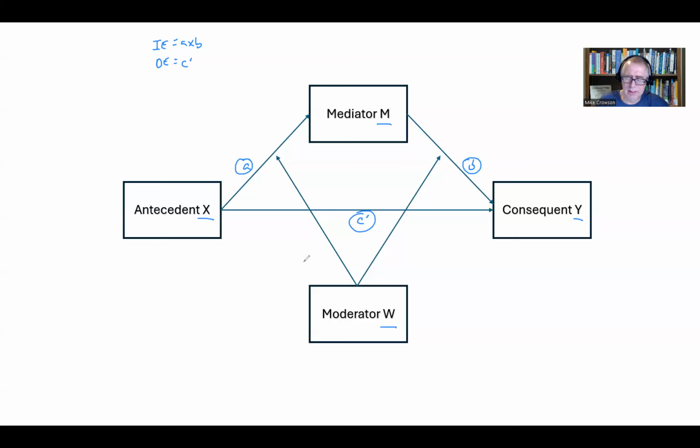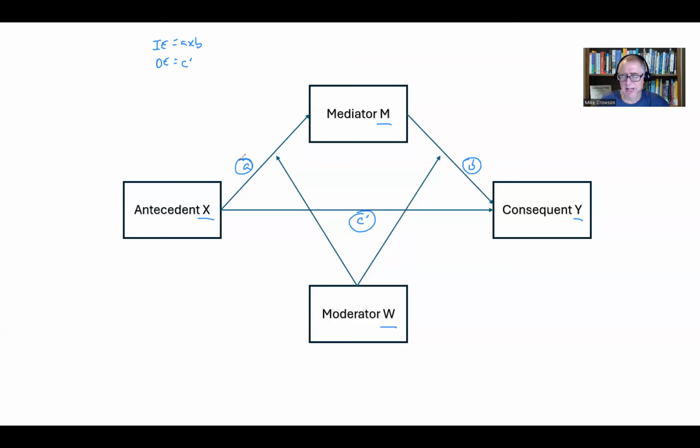When we incorporate a moderating variable, with arrows drawn to those other arrows, the idea is that the effect of the antecedent on the mediator is not constant, but rather varies across levels of the moderator. In other words, it depends on the level of the moderator.